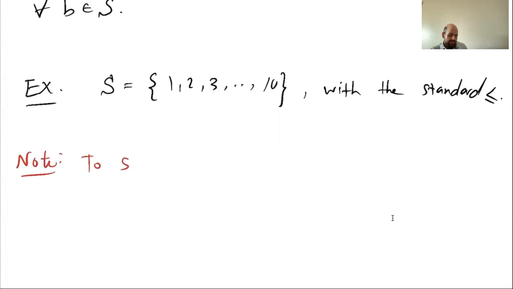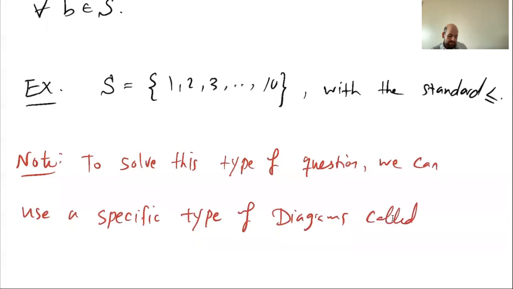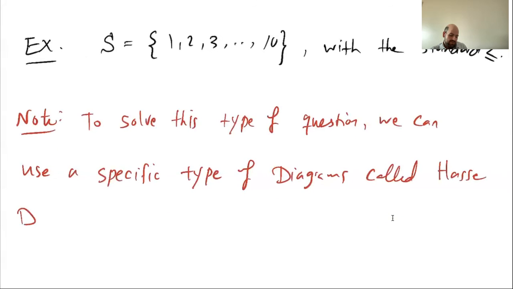To solve this type of question, we can use a specific type of diagram called a Hasse diagram. Hasse was a German mathematician.